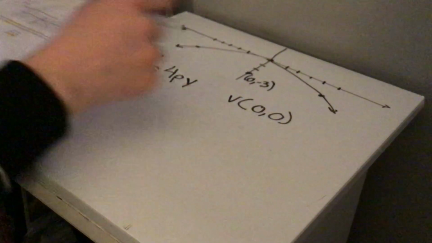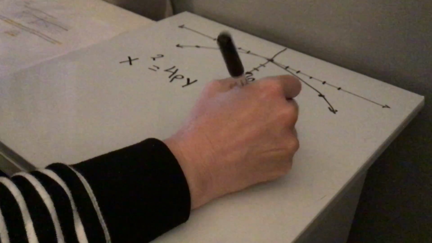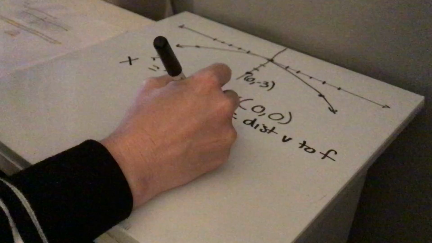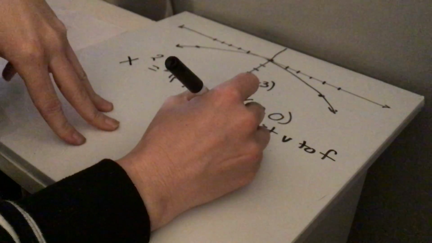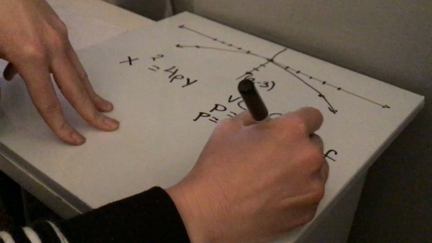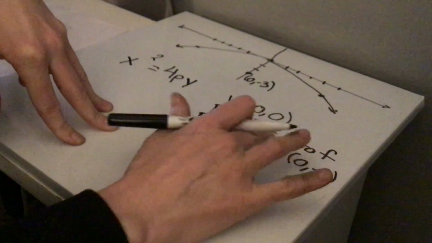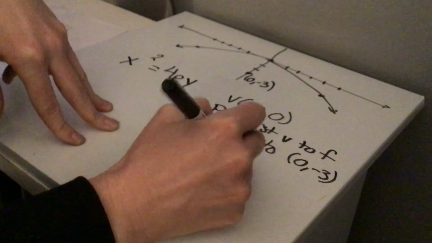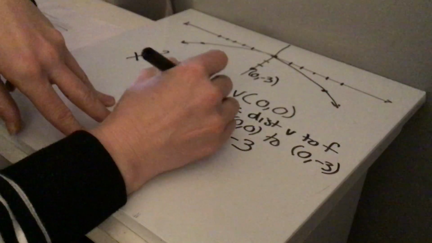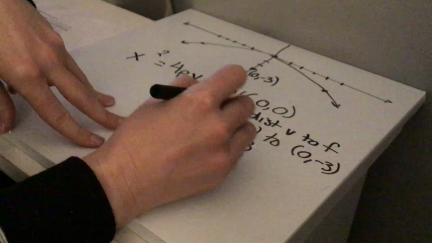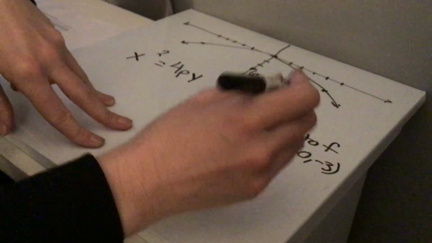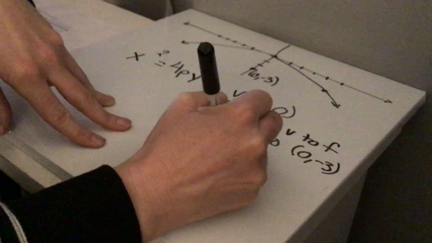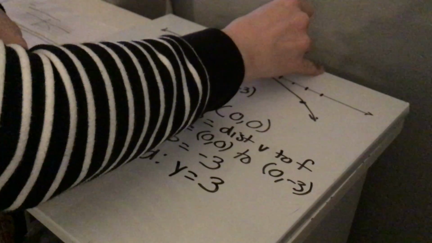With a parabola, p is the distance from the vertex to the focus. So the distance from (0, 0) in this case to (0, -3). So this is only negative 3 units. This is the key to remember later on. Distance from the vertex to the focus is p. So that tells us that the directrix is at y equals positive 3 up here.